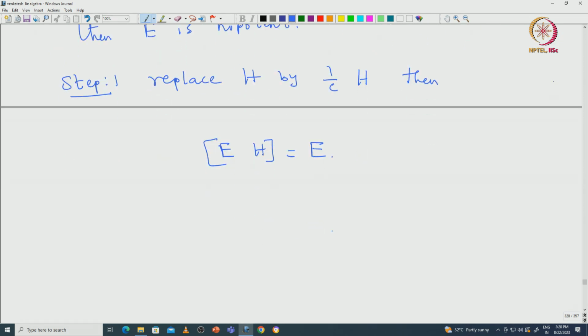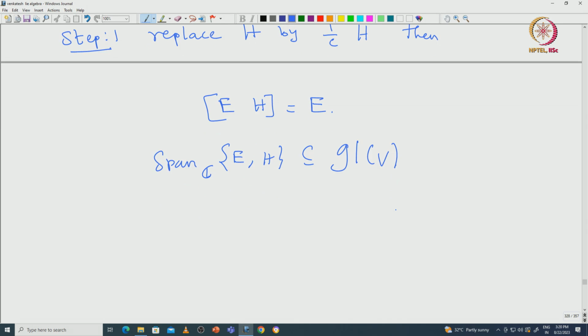Now if you look at the span of E and H, this is inside the endomorphisms of V, or I am looking at it as a subalgebra inside GL of V. Then it is clear that this is a two dimensional non-abelian Lie algebra.